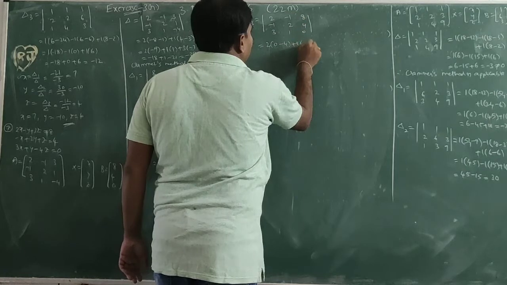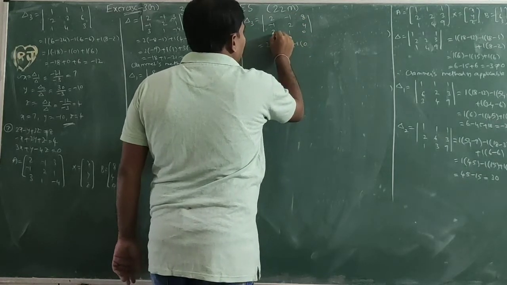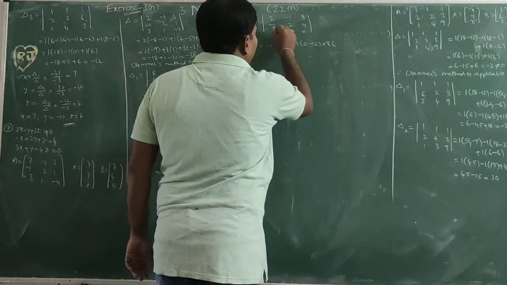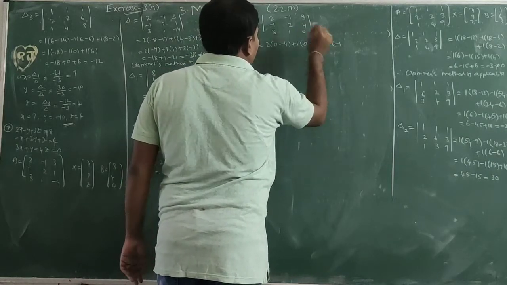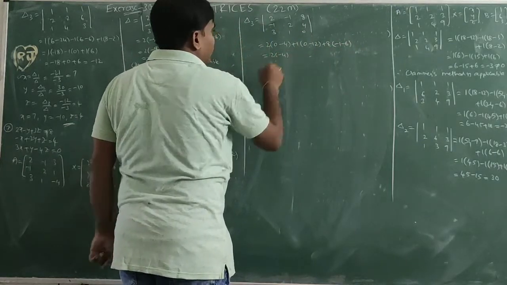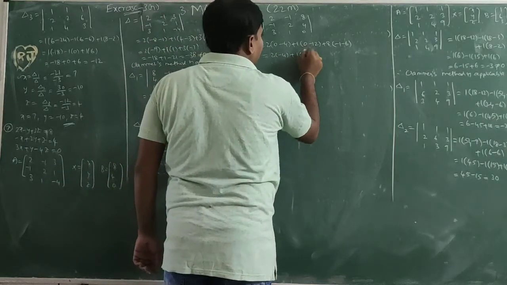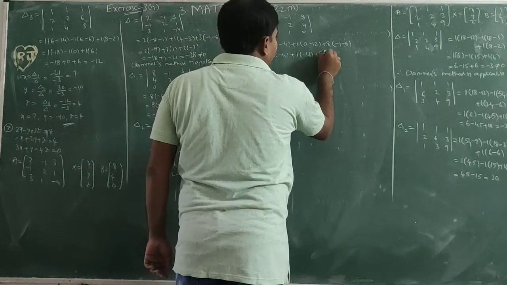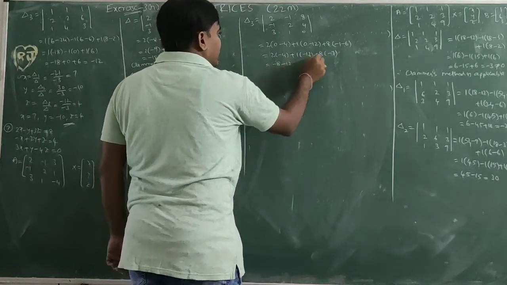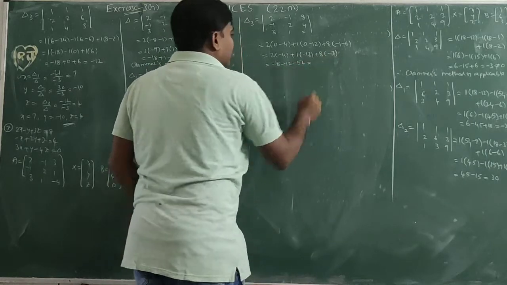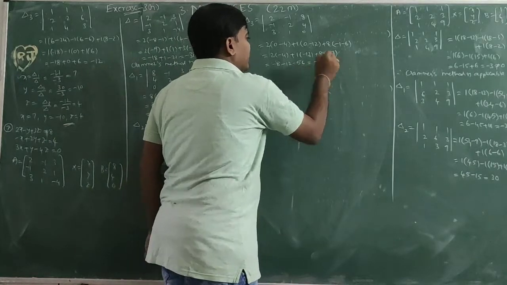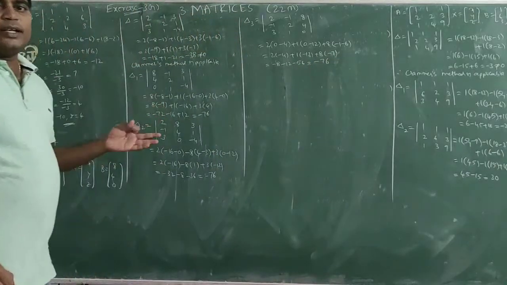Changing the sign, plus 1, minus 1 into 0, 0, 3 into 4, 12, this side minus 12, plus 8 of minus 1 into 1, minus 1, 3 into 2, 6, this side minus 6. So next 2 of minus 4, plus 1 of minus 12, plus 8 of minus 12. So 2 into minus 4, minus 8, minus 12, 8 into 7, 56, minus 8 minus 12, minus 20, minus 56, minus 76. So we got delta 1, delta 2, delta 3.